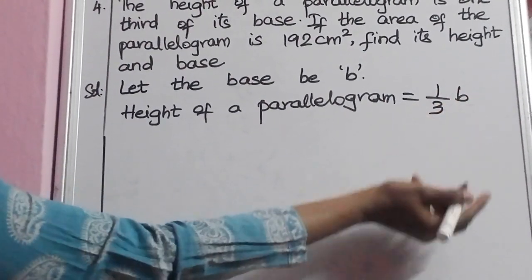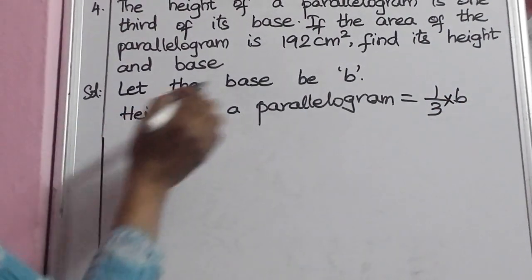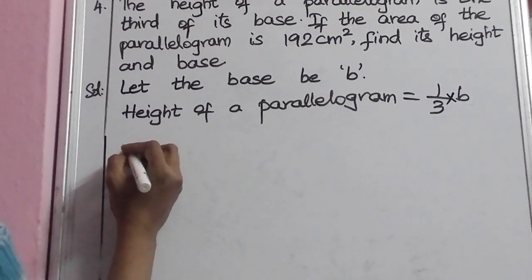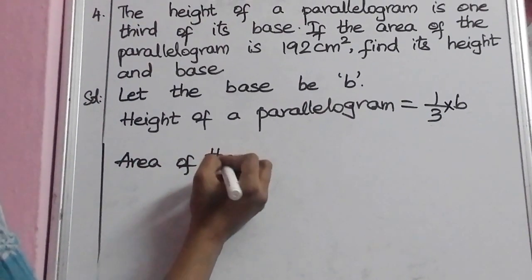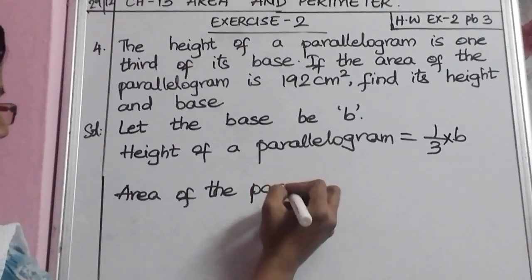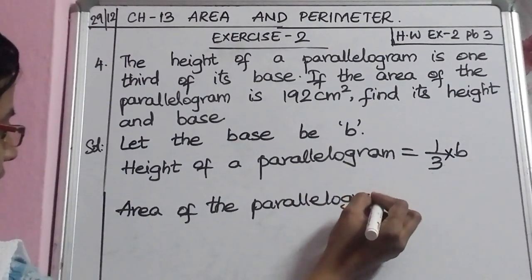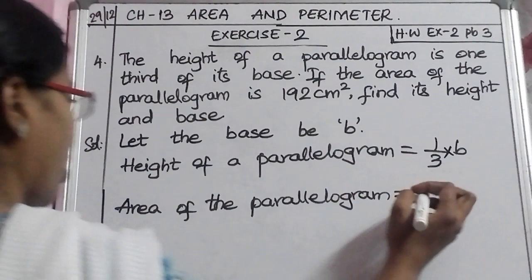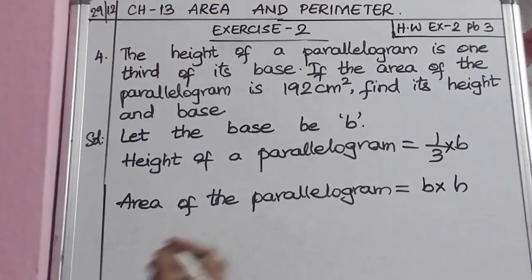Of means multiplication. So 1/3 of its base. If the area of the parallelogram, so here they have given you the area of the parallelogram. So let us write the formula of area of a parallelogram. Base into height.